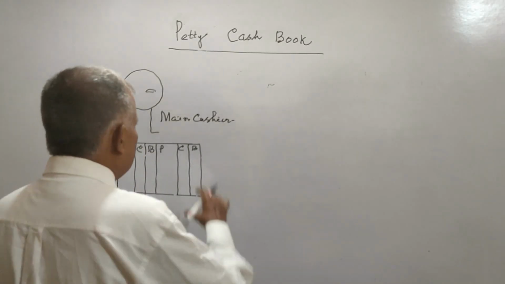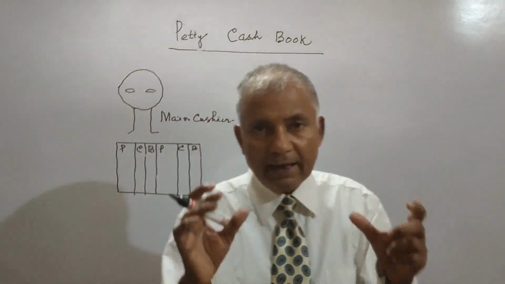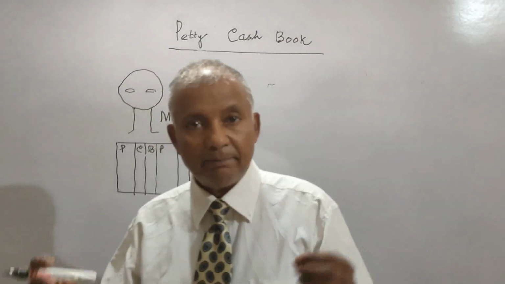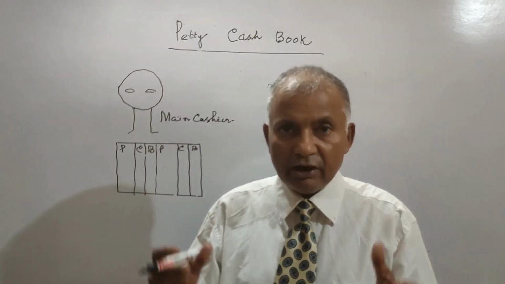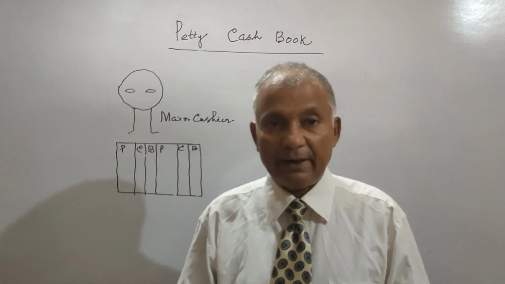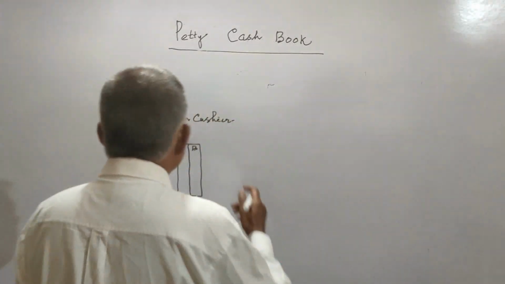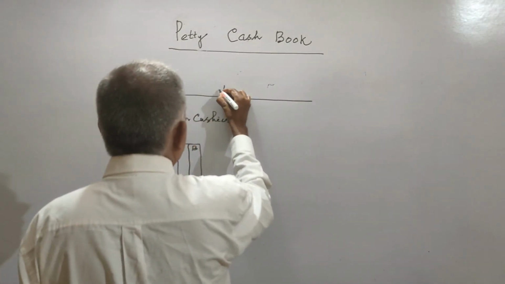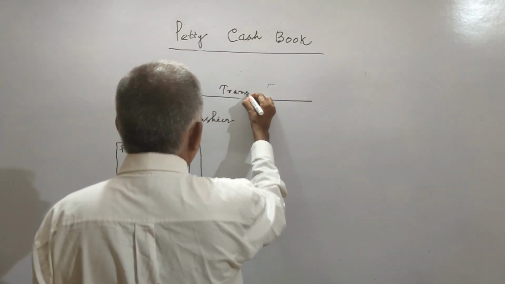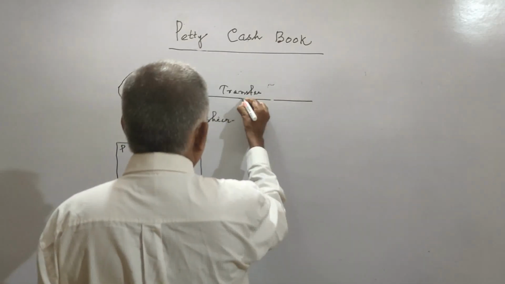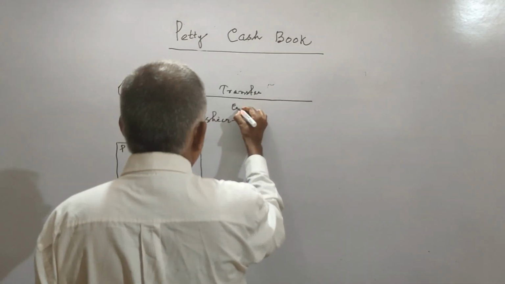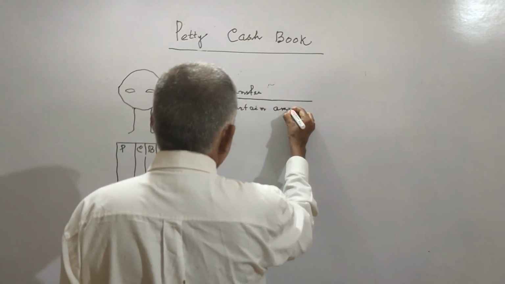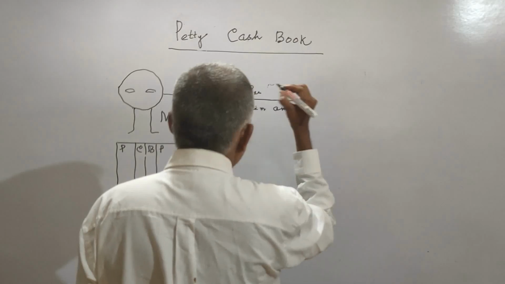Therefore, the company appoints one or more than one petty cashier, so they will look after the small payments, and the main cashier transfers a certain amount, that is a fixed amount.